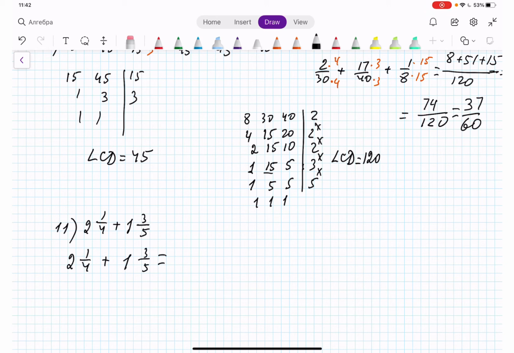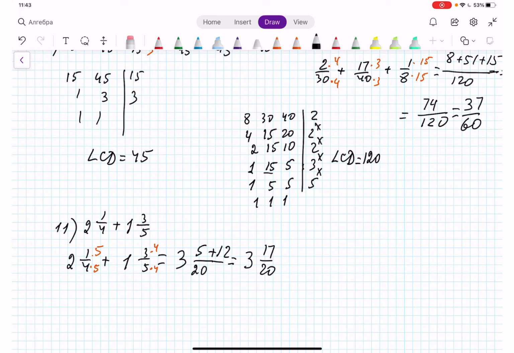So I'm adding the whole numbers. 2 plus 1 is 3. And for 4 and 5, common denominator is 20, which means this one multiplied by 5, this one multiplied by 4. So we are getting 20. First fraction is going to be the denominator 5 plus 3 times 4 is 12. We get 3 and 17 over 20. And that's it. We arrived.